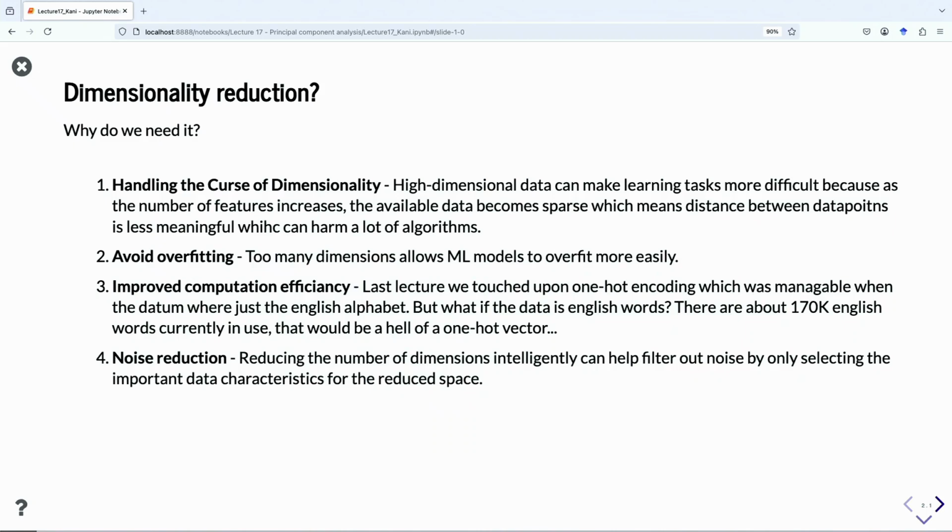For instance, the MNIST data set that we use so frequently is a 28 by 28 image. It has 784 pixels, so the dimensionality of those images is 784. That's okay, there's nothing wrong with it, but it'd be nice if the inputs were less complex.